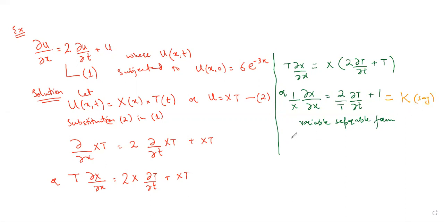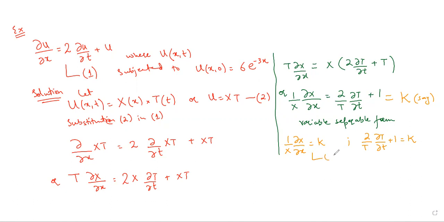So after this step, in step number 3, we can say the left hand side, 1 divided by X of the partial derivative with respect to x, can be taken as equal to k, and the right hand side, 2 divided by T, the partial derivative of T with respect to t, plus 1, is equal to k. We have separated two equations, or made two equations from the above equation.